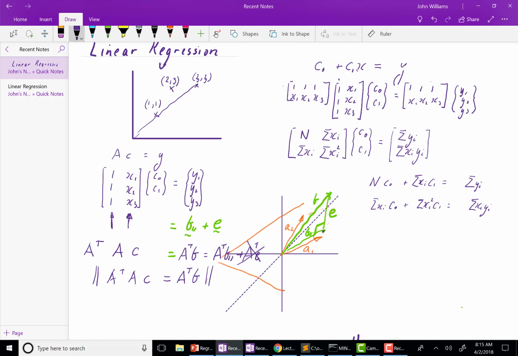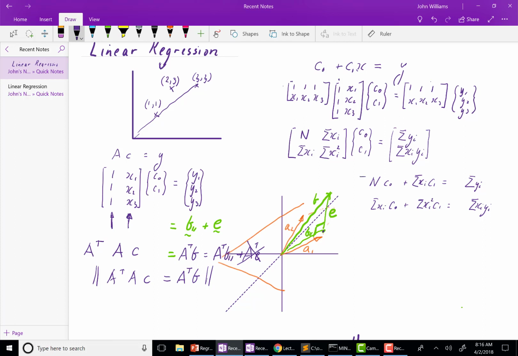So we can see if I knew C1, it would be easy to calculate C0. It would just be this term minus sigma xi times C1, divided by n. So that equation would give me C0 quite easily if I knew C1. So let's focus on eliminating C0 and calculating C1.